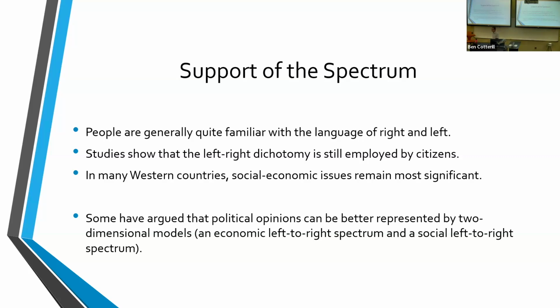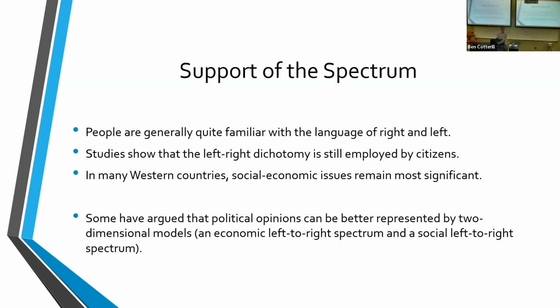The classic economic issues, such as to do with taxes and whether to be in support of social welfare, and the classic social issues as well, seem to still be largely in debate and still largely important to people when making these sorts of decisions. And when you ask someone to describe where their political leanings lie, they're still frequently using these terms, okay, to do with being on the left or the right, telling us that they do still have significance and relevance.